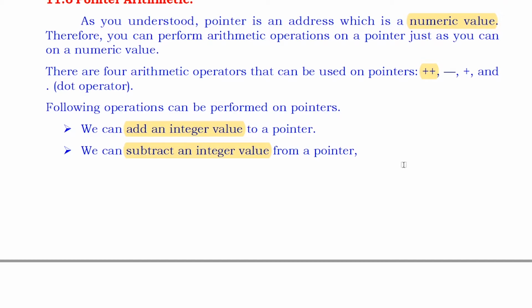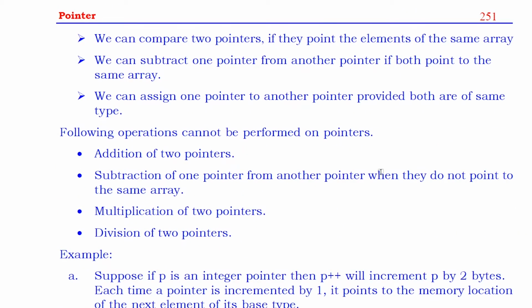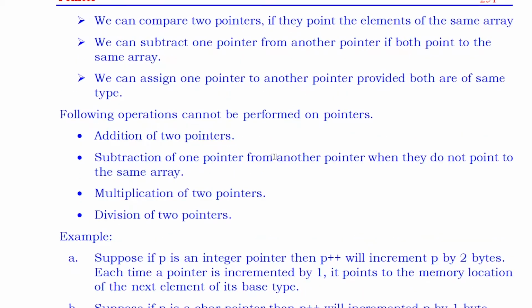That is, we can add an integer value to a pointer, and we can subtract an integer value from a pointer. Another operation we can perform is comparing two pointers if they point to elements of the same array. Maybe you know an array means we have a consecutive memory location, and we have P1 pointing to the second element of the array, and P2 pointing to the fourth element of the array.